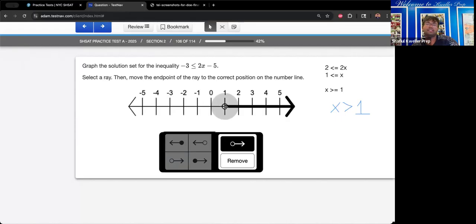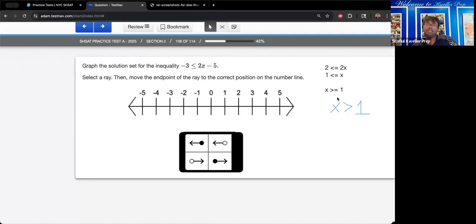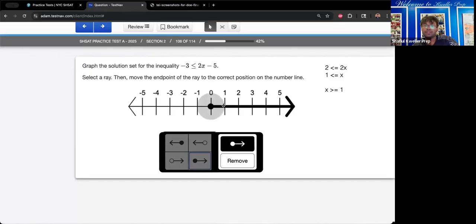The open circle indicates that 1 is not included. 1 is not equal to x. But here it's x is greater than or equal to 1. So since it's greater than or equal to, we choose this direction here, the shaded circle, and then we put it at 1. So again, that's important.